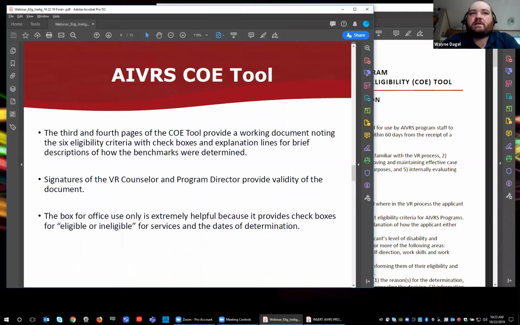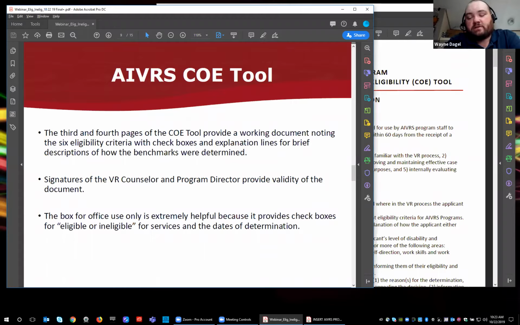The third and fourth pages of the tool provide a working document. And in that document, we note the 6 eligibility criteria with check boxes and explanations for brief descriptions of the benchmarks and how they were determined. We also include the signatures of the VR counselor and the program director to provide validity of the document. Some programs don't require the director to sign off. Some programs do.